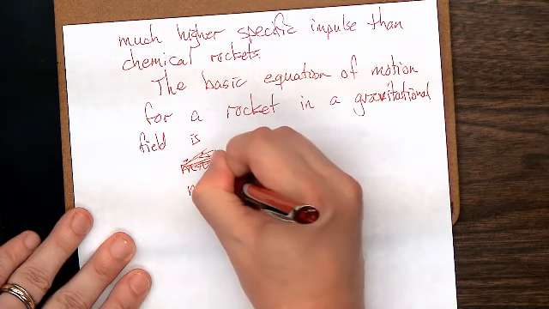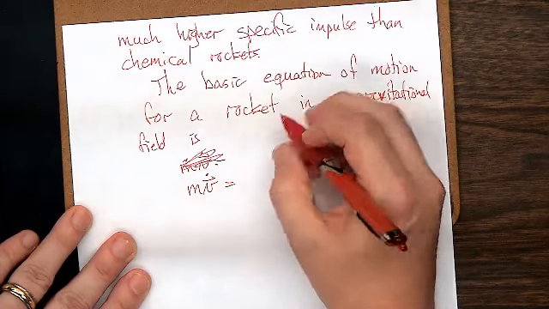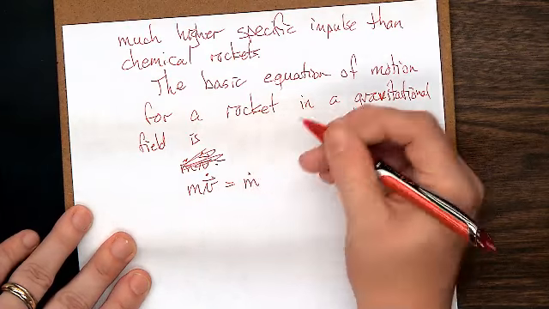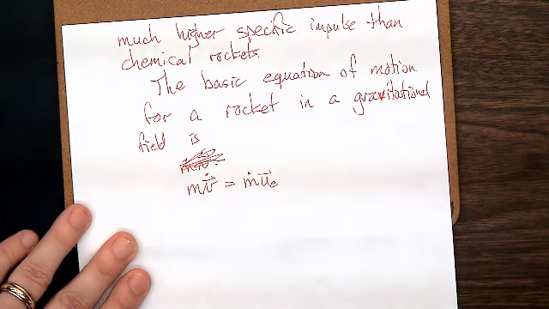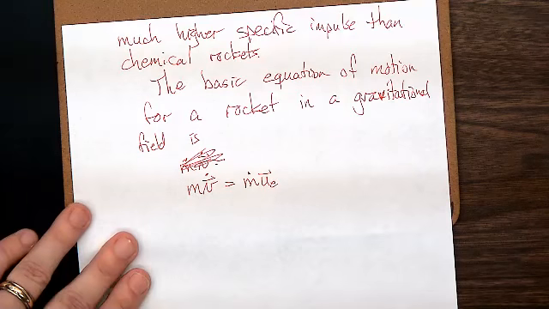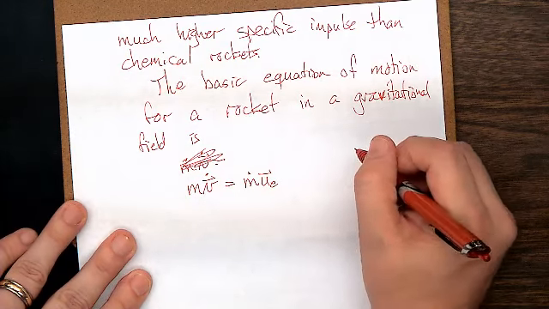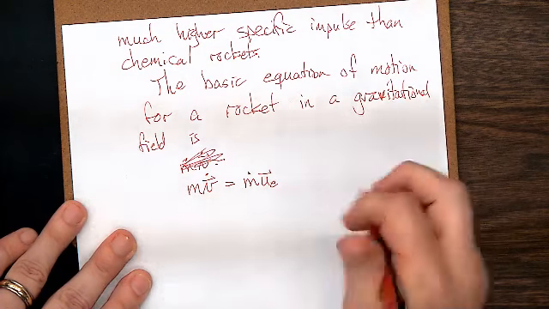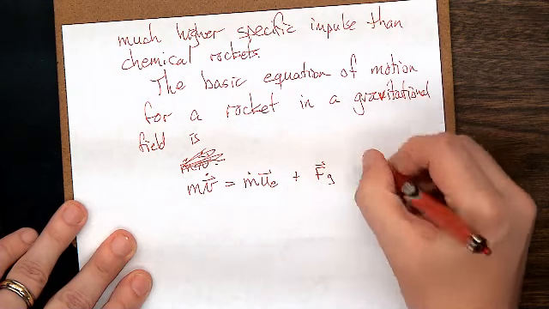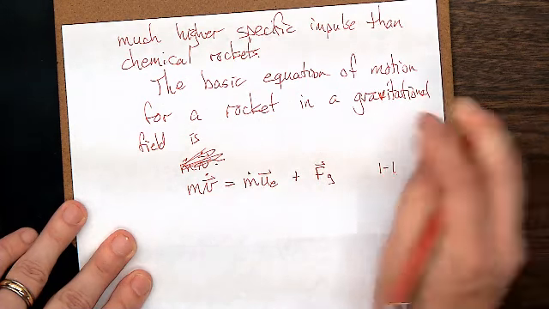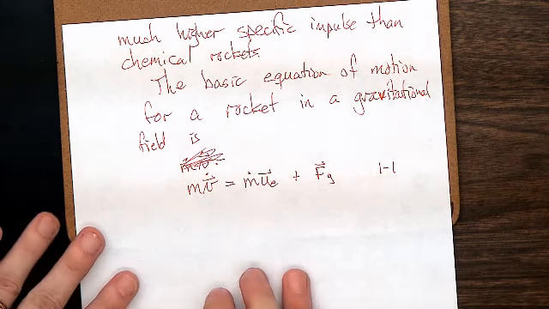M times v vector dot is equal to the mass flow rate of the propellant times its exit velocity vector. That would be the thrust, with minimal contribution from the pressure term, plus a gravitational force vector. This is equation 1-1 in your textbook.